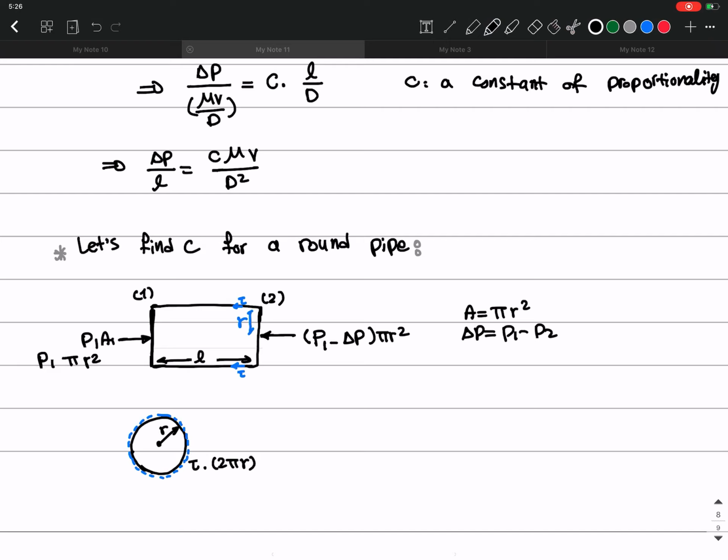The circumference of this. And so this is going to be the total shear stress at one section, and then you have to multiply it by the length to get the total shear stress at all this section. So the total shear stress is going to be tau 2 pi r times L. Okay, so this is going to be the shear force.